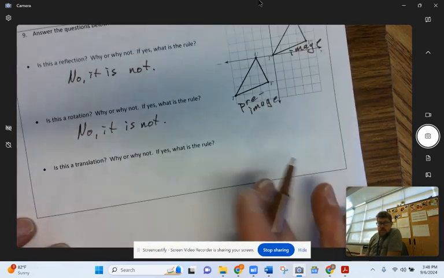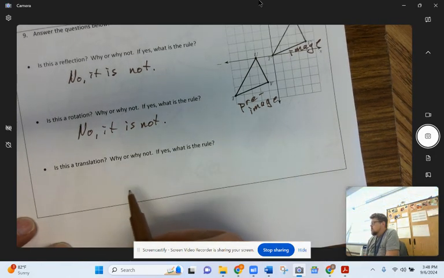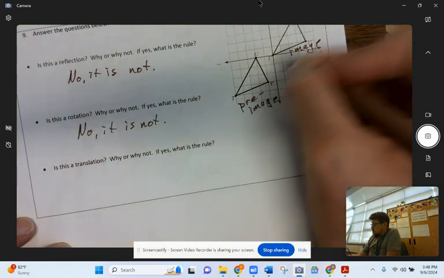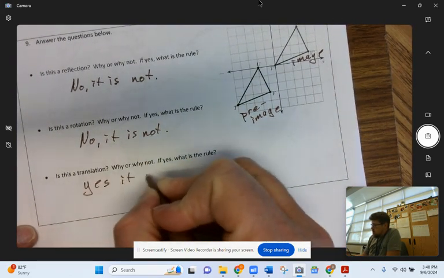And is this a translation? Why or why not? If yes, what is the rule? Yes, it is, because it looks like it's just been moved. They're pointing in the same direction. So yes it is.